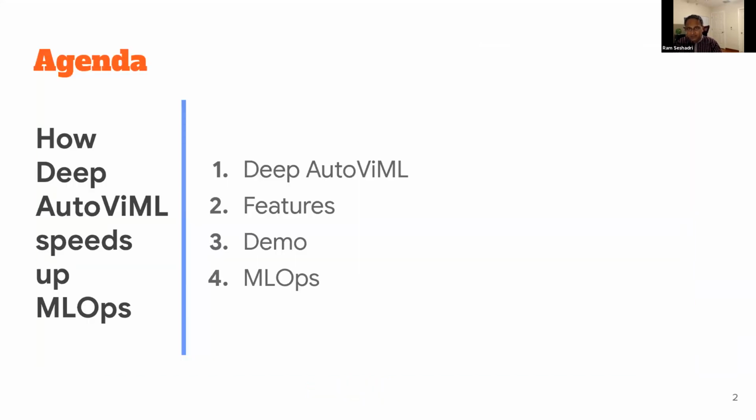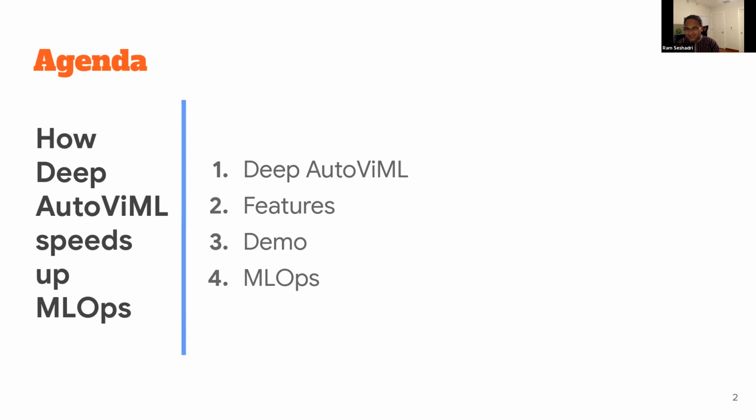So what's the name Deep AutoViML? It kind of sounds a little weird, and I understand that. But when I first started this journey of providing automated ML libraries, I came up with a differentiated name, and that's called AutoViML.